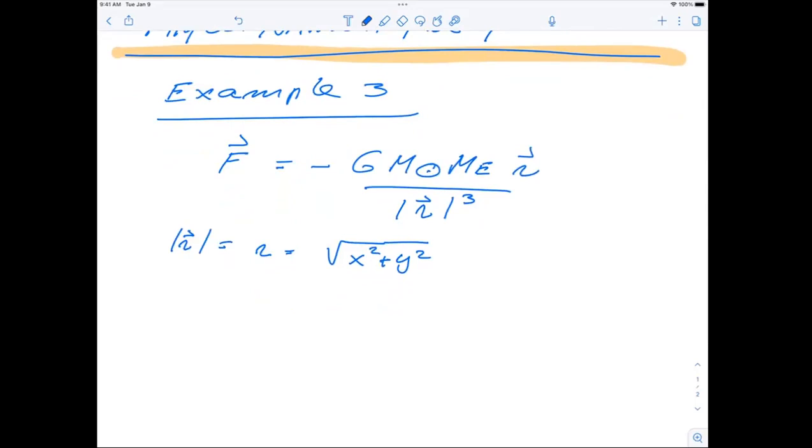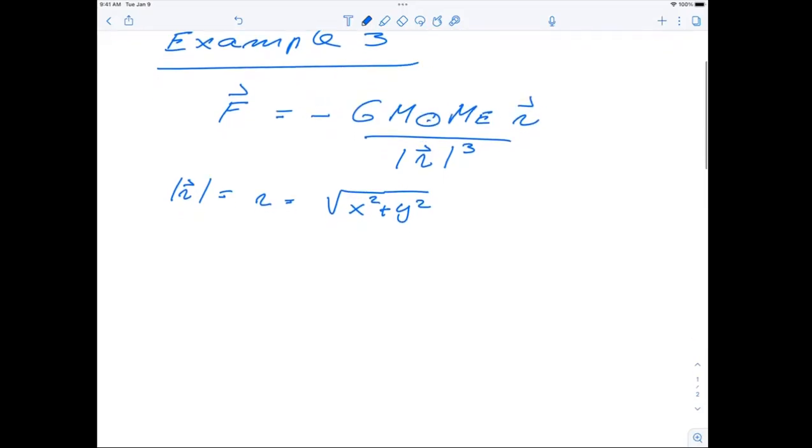Now, this force is something which, when you take away the r vector and divide by one of the r's from the denominator, is a force which is proportional to the inverse squared distance between the 2 objects.